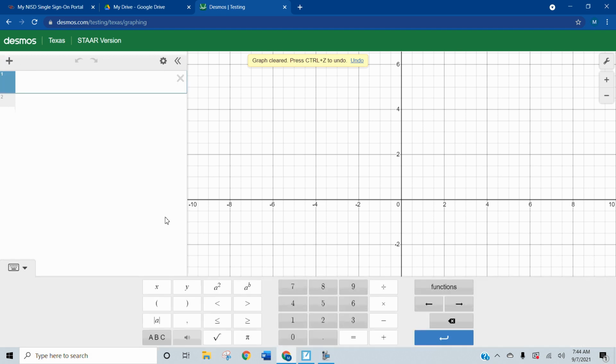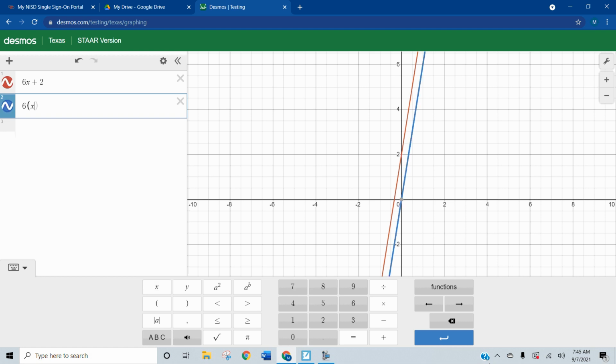So we have 6x plus 2, and here I'll just model using the touchpad or the math pad. Okay, that's our first function, the left side. Now the right side, 6 parentheses x plus 2, close parentheses, minus 8.